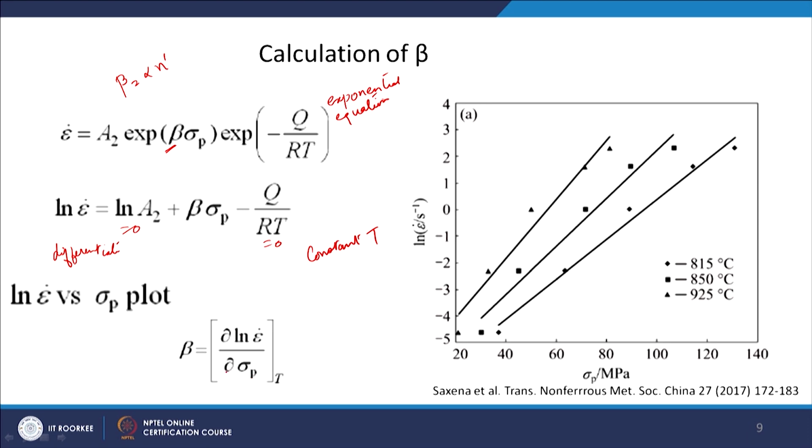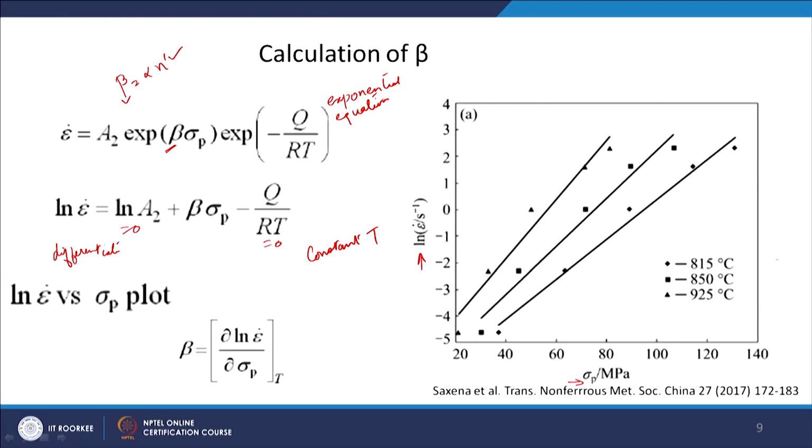In n prime it was del ln of sigma p, but now it is del sigma p. So, what we have plotted now is sigma p on the x axis and ln epsilon dot on the y axis. Again you can see you have got straight line fits at three different temperatures for different strain rates, and from the slope of this you will be able to get beta.